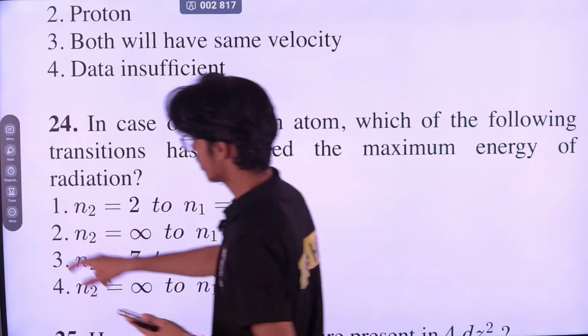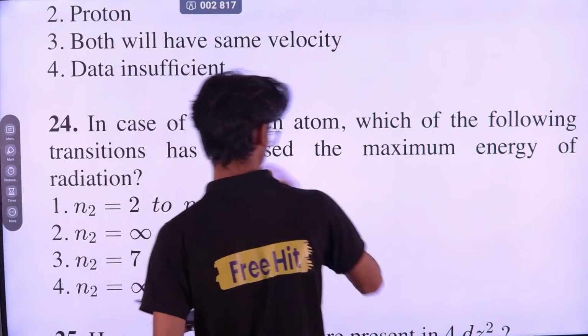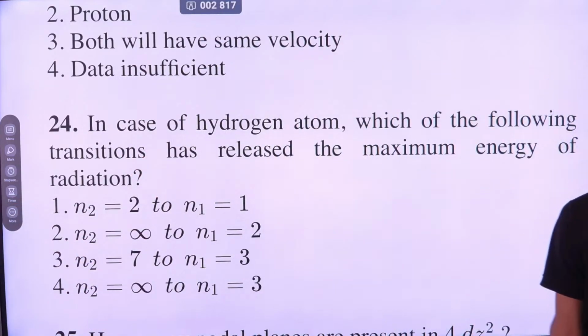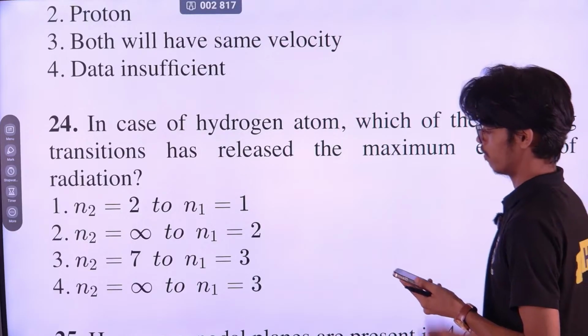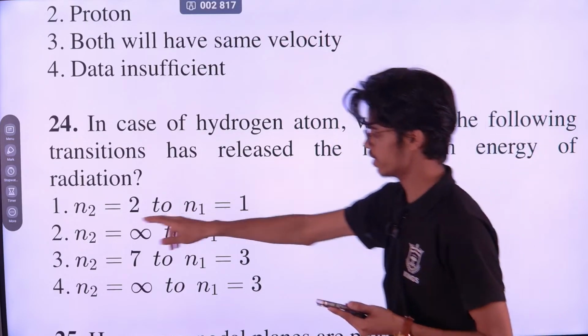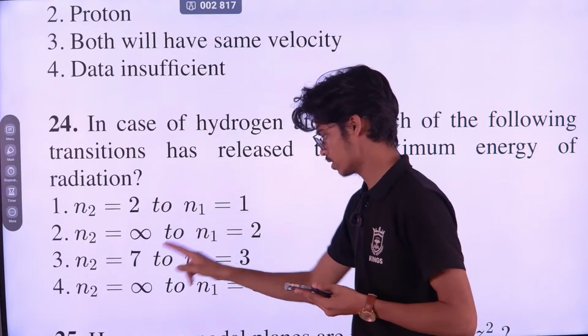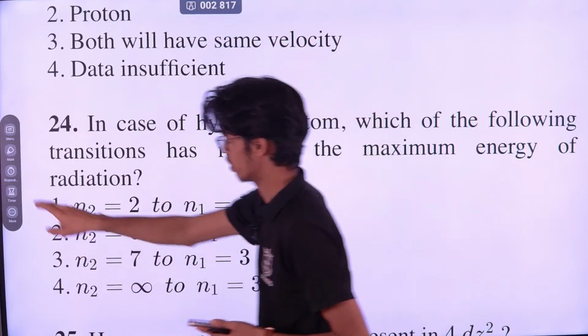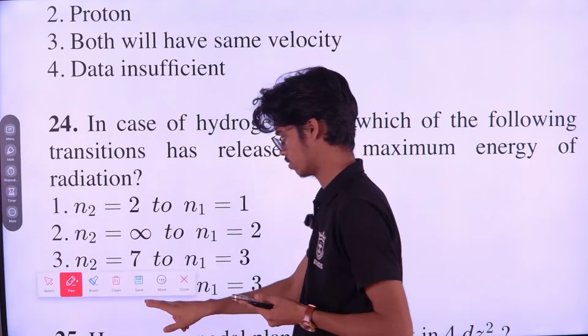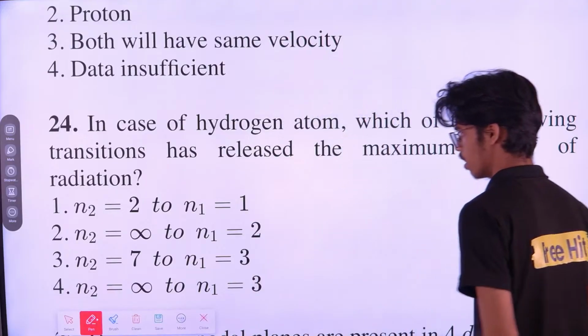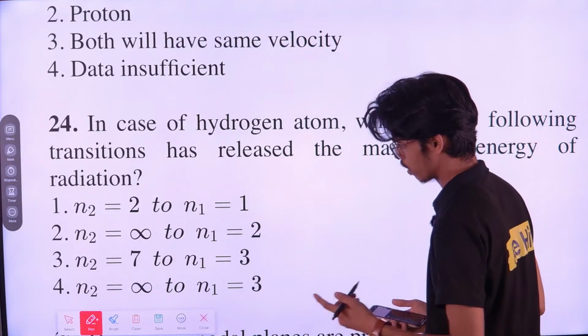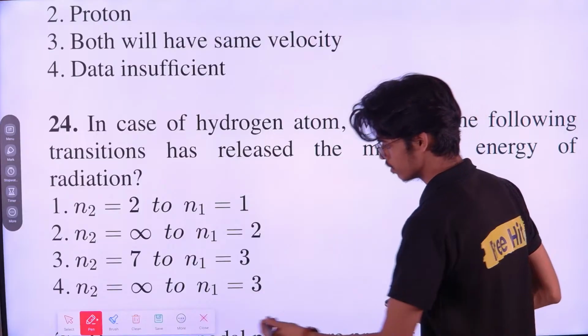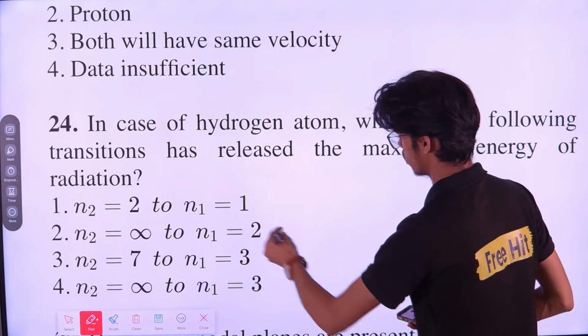Okay, I'll tell you, it is just more of a calculation type of question. If you do calculations, you will get to know this. By the way, see, n is equal to 2 to n is equal to 1, infinity to 2, 2 to 3, infinity to 3. Now we just need to calculate some values. I know what the values are.